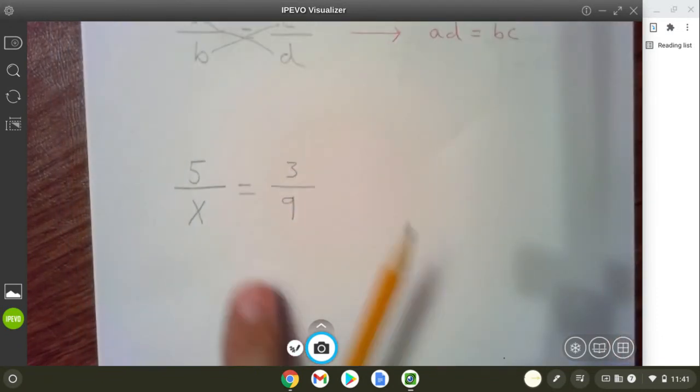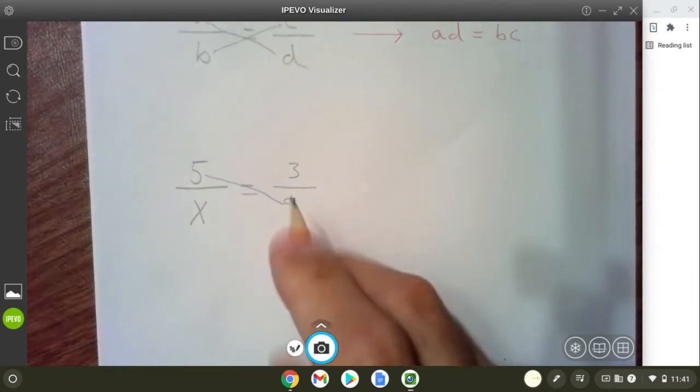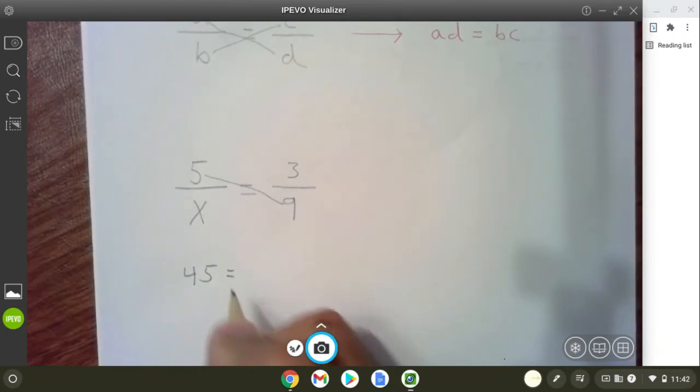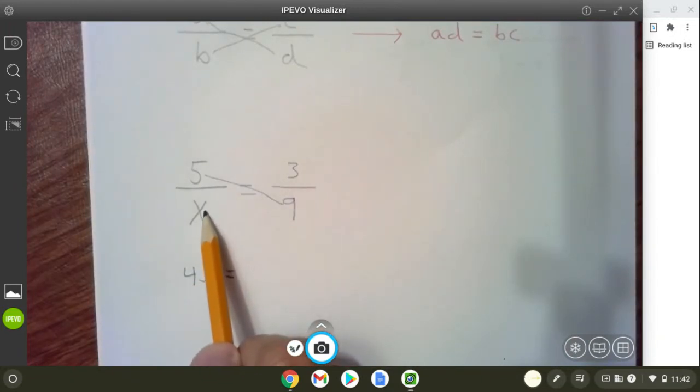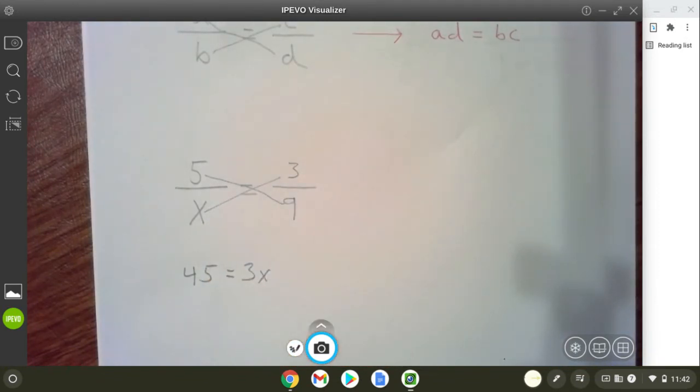All right, let's go ahead and solve this equation. What you could do is cross multiply. So 5 times 9, that can be 45. And I'm going to set that equal to the product of 3 times x. Bam.